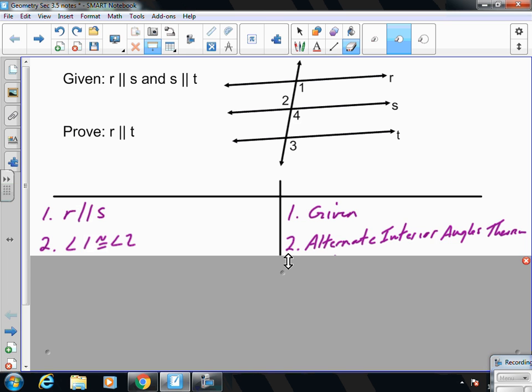Angle 1 is congruent to angle 2 by the alternate interior angles theorem. So we got a relationship between angle 1 and angle 2.